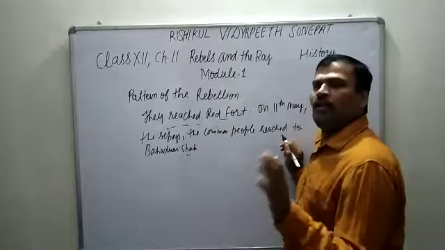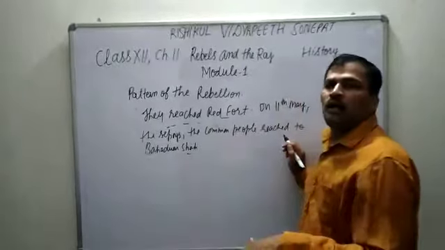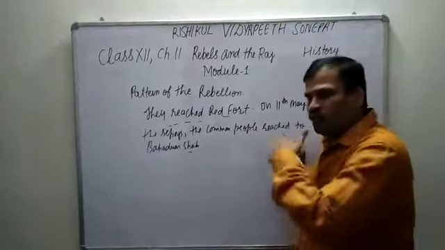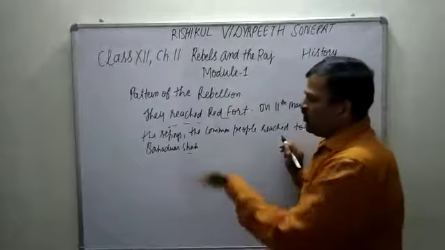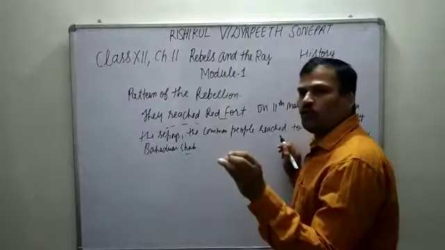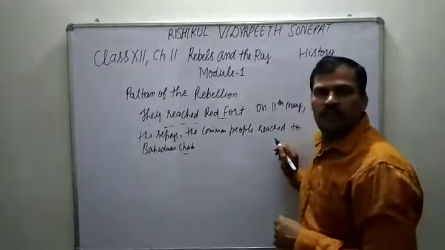So we have killed a lot of Britishers, and even now we have come here. Now you guide us, give us your blessings to succeed in this revolution. So we can say Bahadur Shah became the leader of these mutineers.